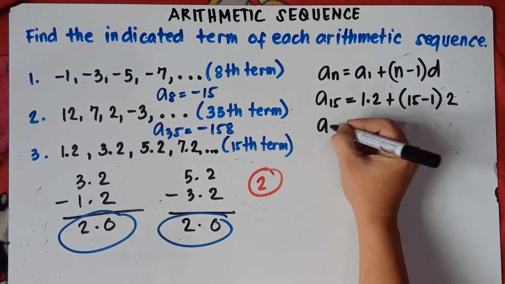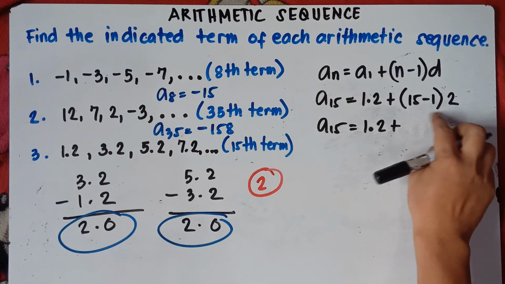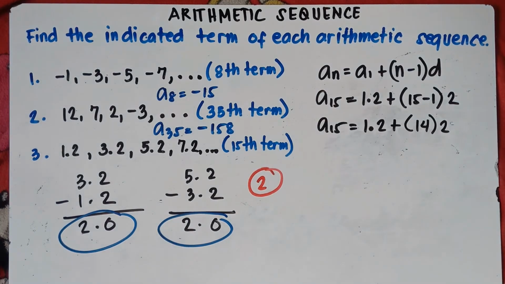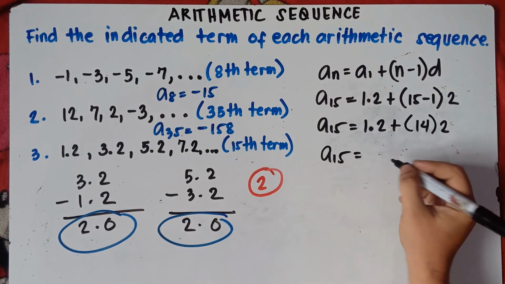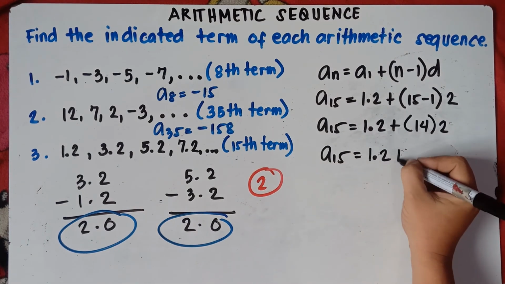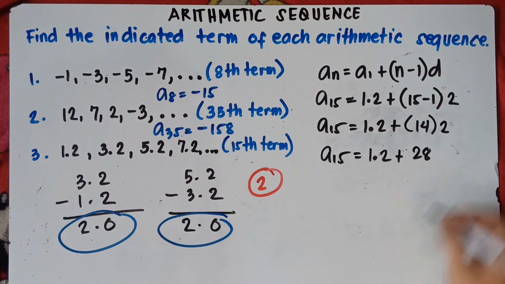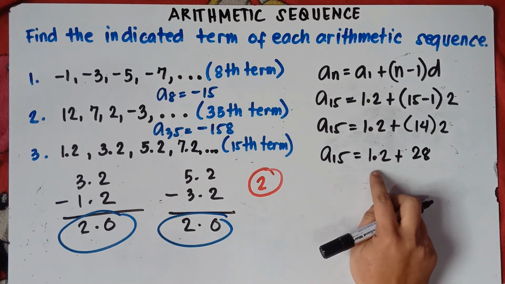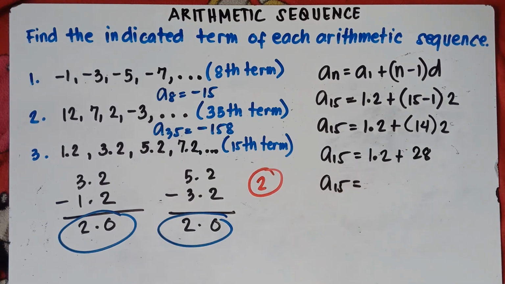So A sub 15 equals 1.2 plus 15 minus 1, class, is 14 times 2. That would be 28. And then 28 plus 1.2. So A sub 15 equals 28 plus 1.2, class. What will be the answer?